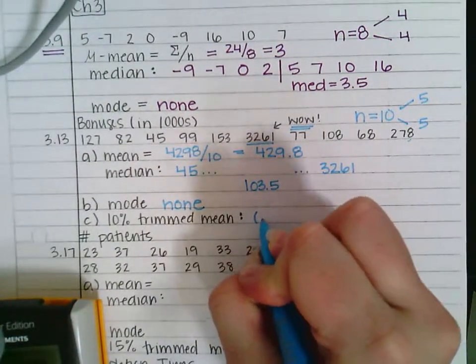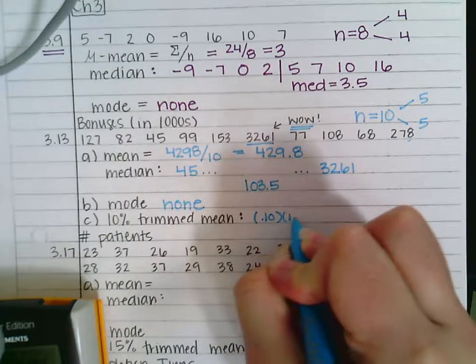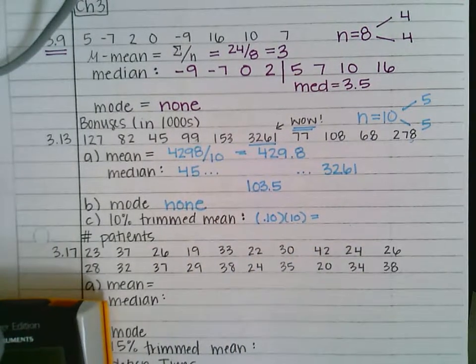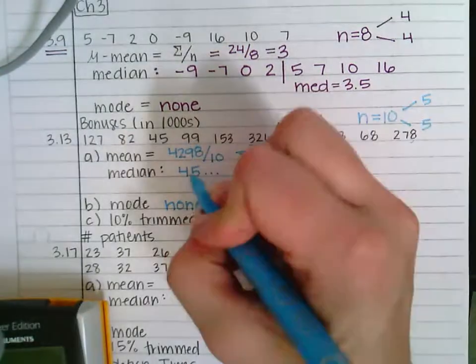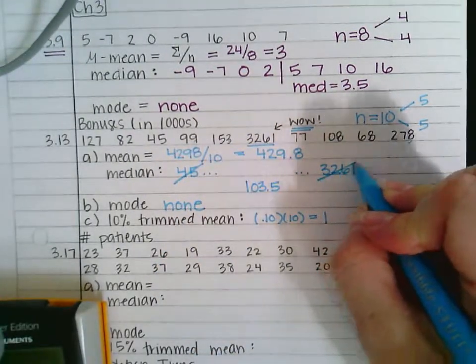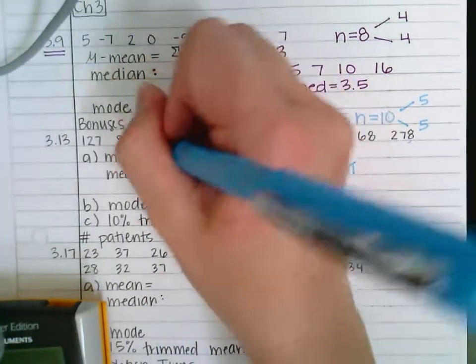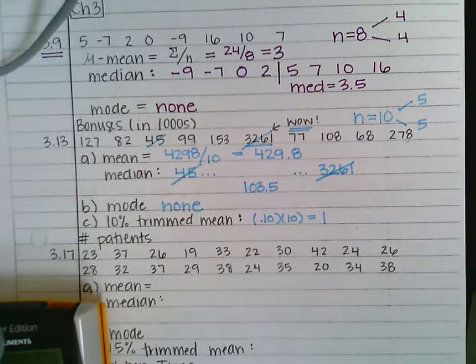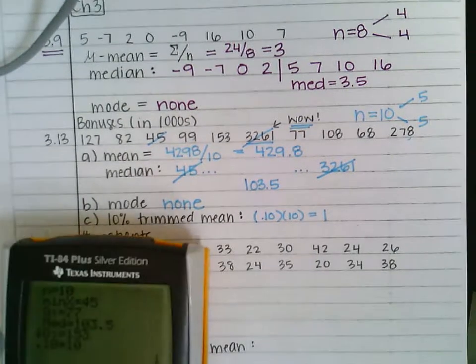So 10%, 0.1 times n gives me 1. I need to take one data value off of this data set. So that would be the smallest value and the biggest value. Or if I go back up to my unordered list, it would be these two values right here. And now I'm going to find the mean from there.